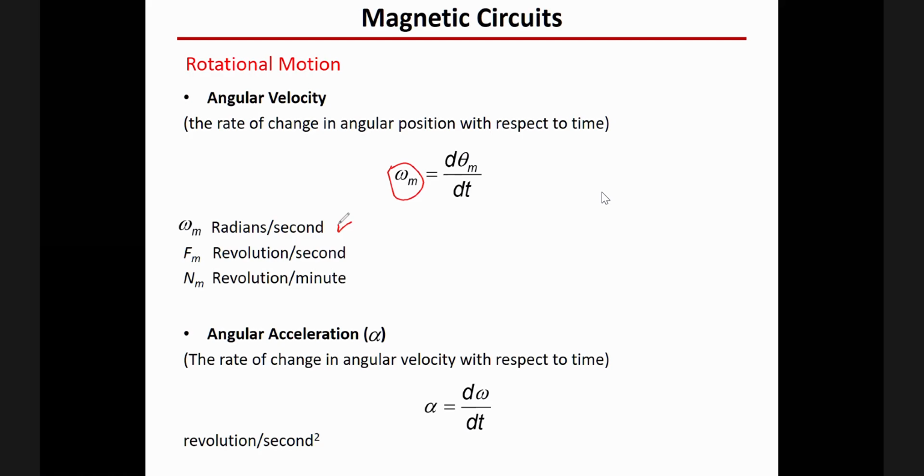So it makes sense to have the unit as radians per second, or we can express this as revolutions per second. Revolutions means that we are counting the number of rotations for this angular movement. Or the last one, N, which is revolutions per minute, RPM. So we are familiar with RPM, right?